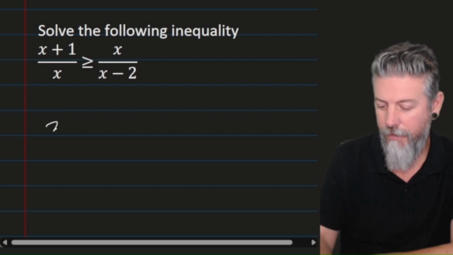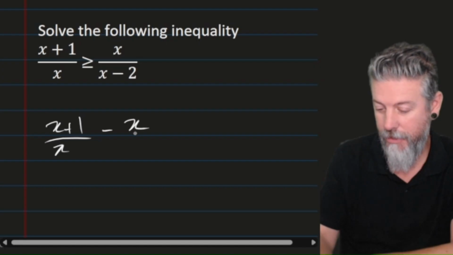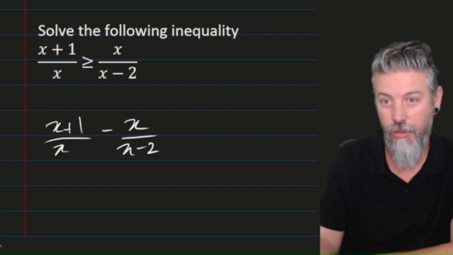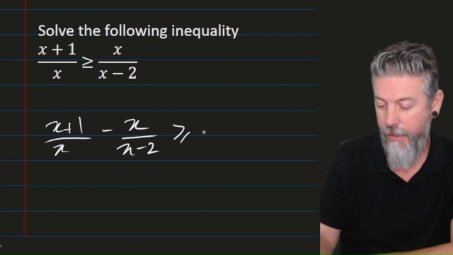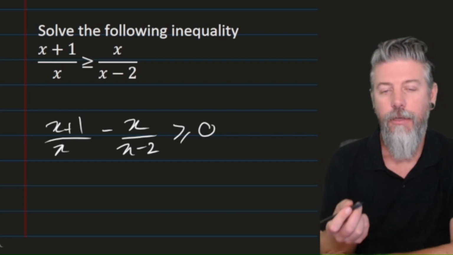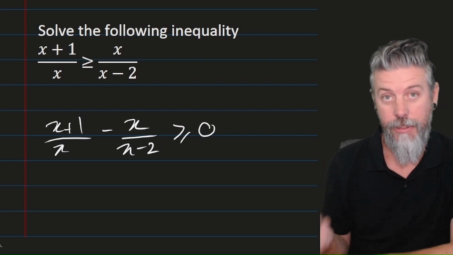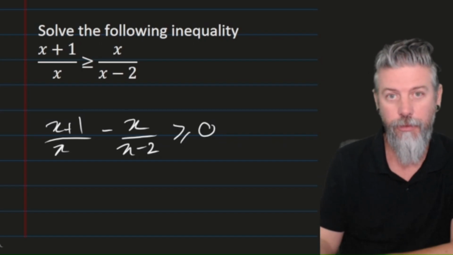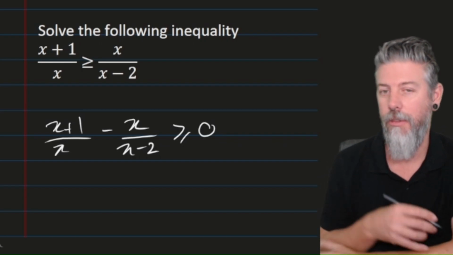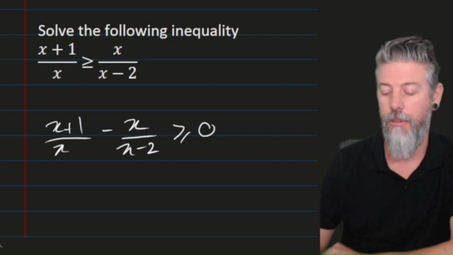So here we have x plus 1 over x minus x over x minus 2 straight away. So that takes away the need to multiply by the bases squared, because now we're just going to go and put the fractions together on one side of the inequality. We're not timesing both sides of the inequality by anything.